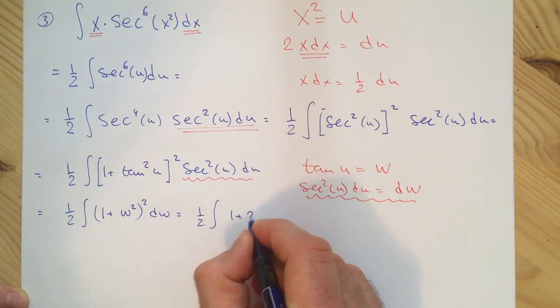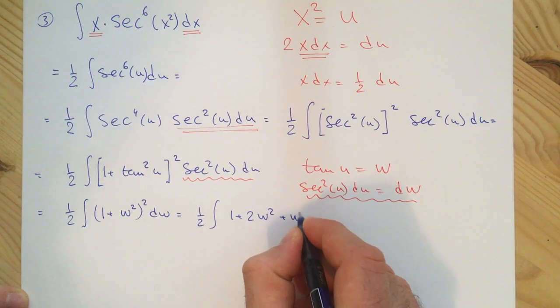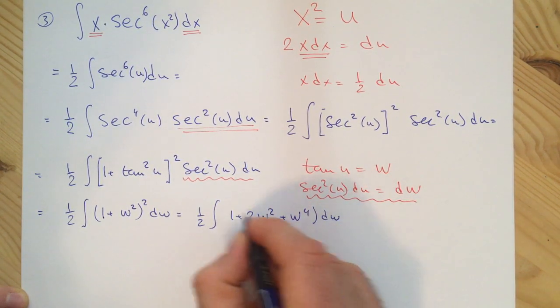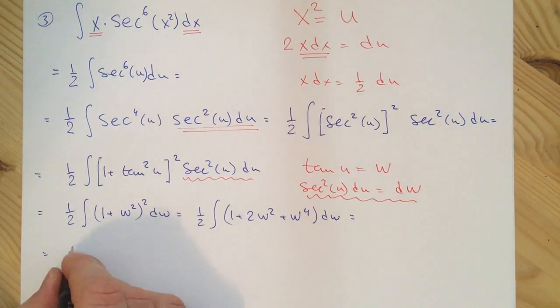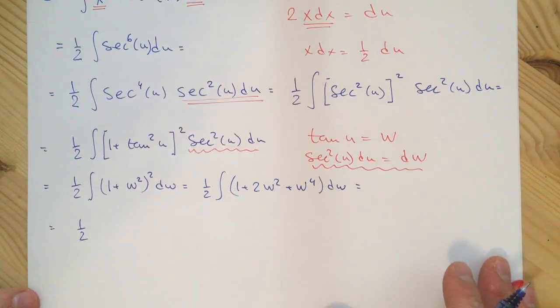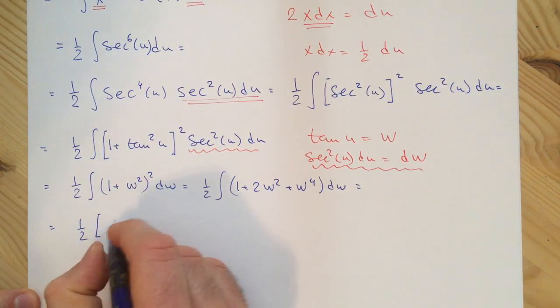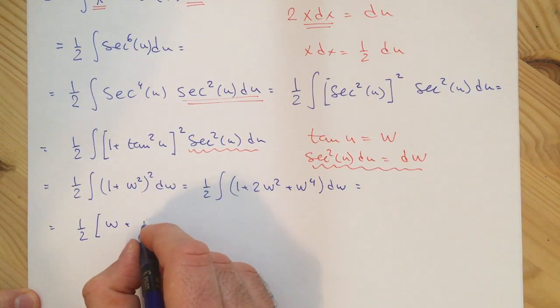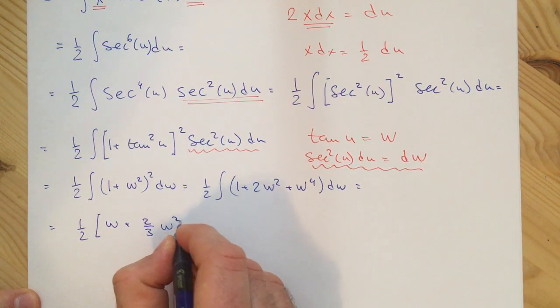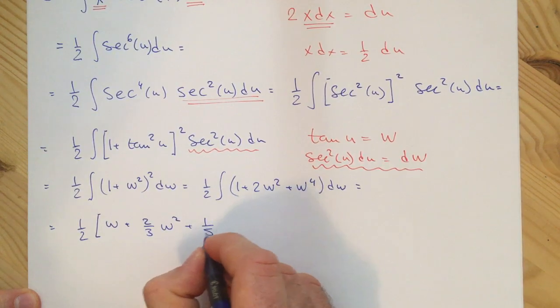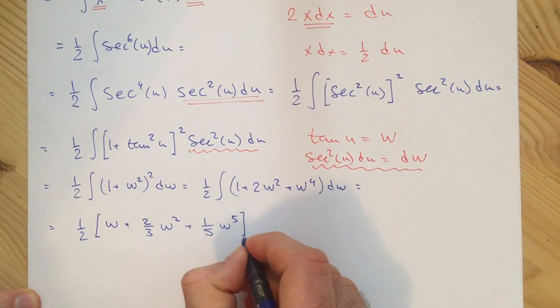Expand this: 1 plus 2 times w squared plus w to the power of 4 dw, and as I said, we have done these types of integrals in Cal 1, so that's w plus 2 over 3 w cubed plus 1 over 5 w to the power of 5.